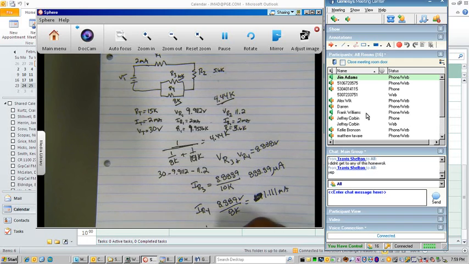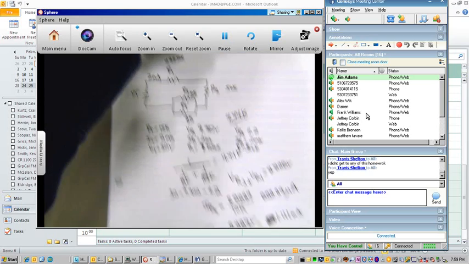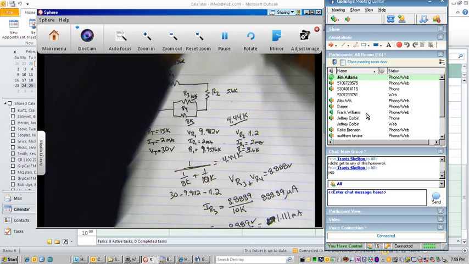So now, how much current is going through R3 and R4? Okay, so current through R3 equals 8.889 volts divided by 10K, R3.